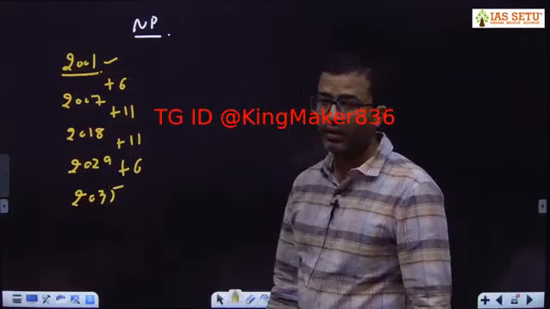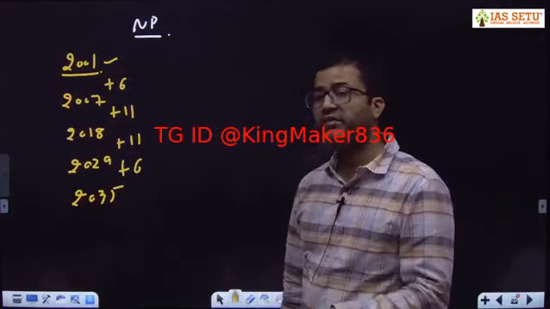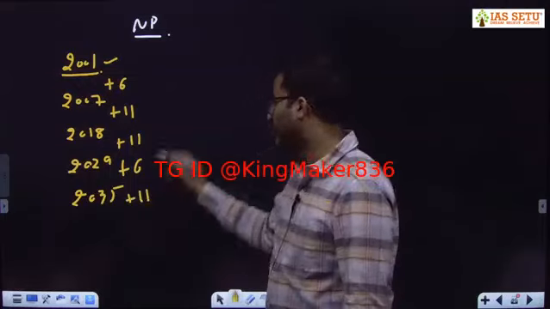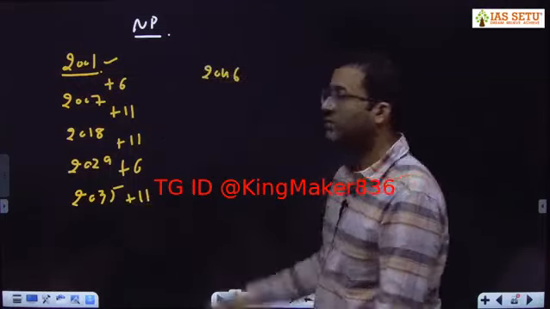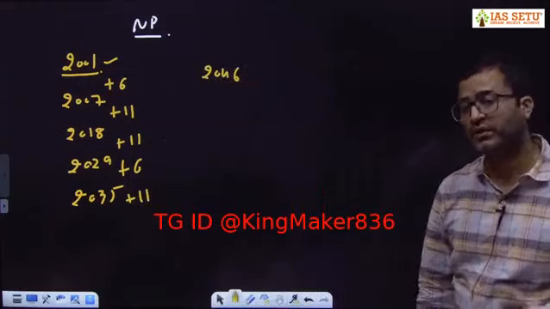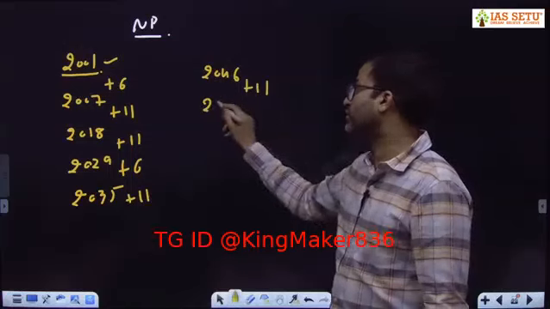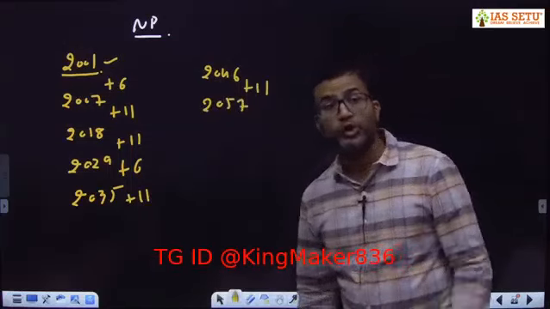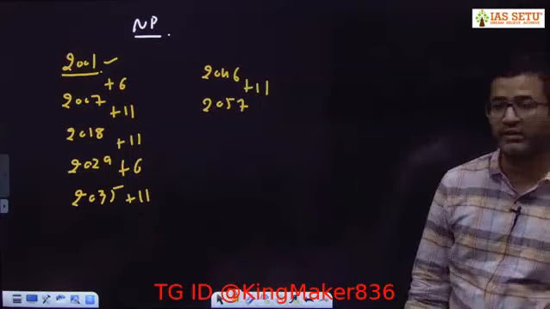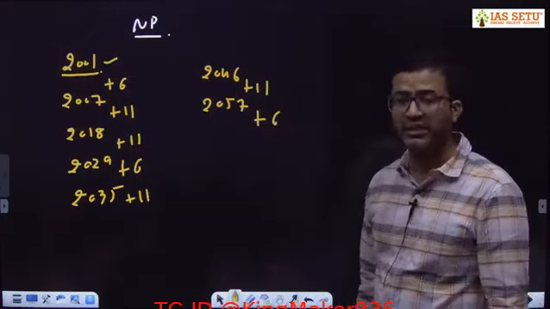2035. 2035 calendar will repeat after 6 years or 11 years? 11. 2046. Calendar of 2046 will repeat after how many years? 11. 2057. 2057 calendar will repeat after how many years? 6 or 11? 6, because it is immediately after a leap year.